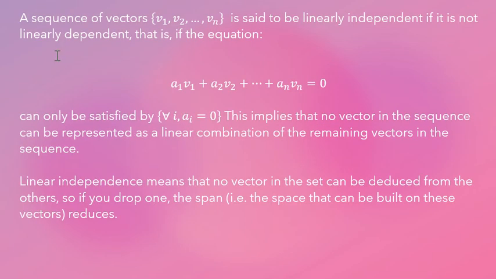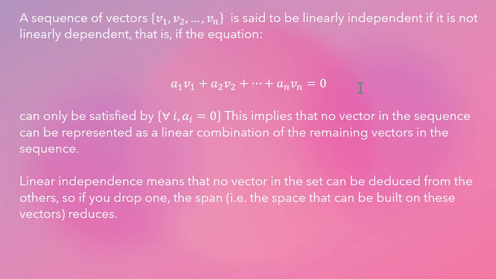It is really simple. If we have a set of vectors like v1 to vn, and we want to consider if they are linearly dependent or independent, we should try this equation.